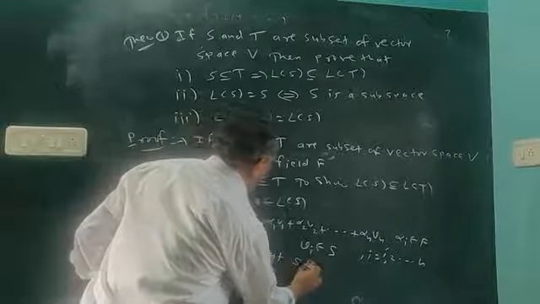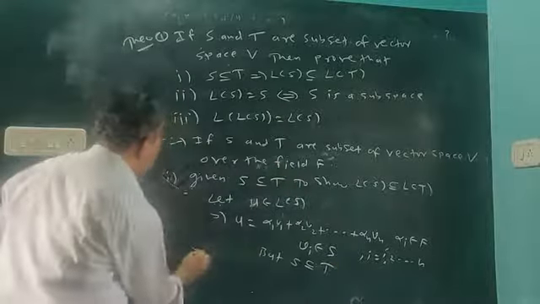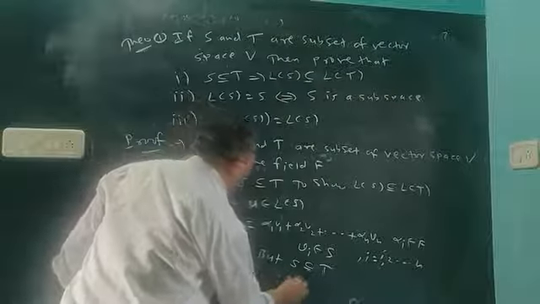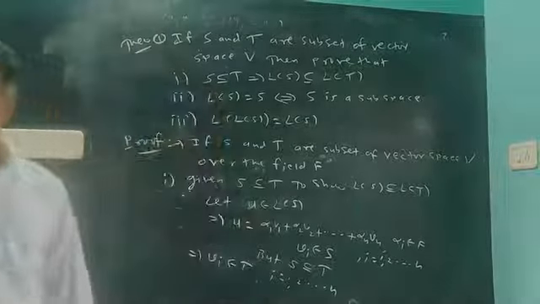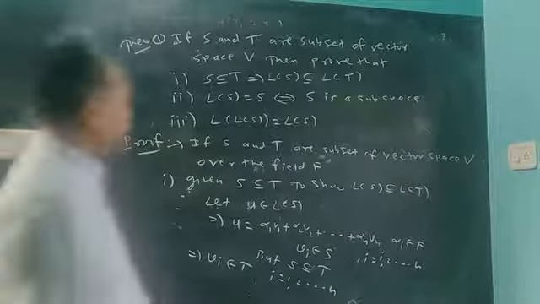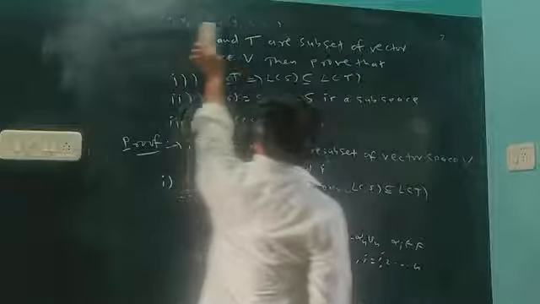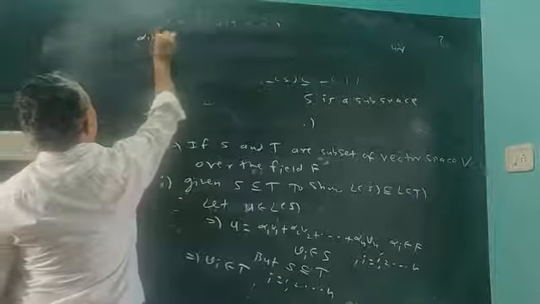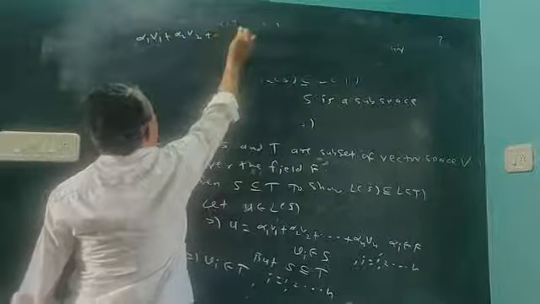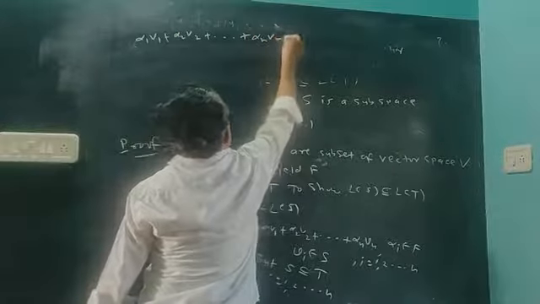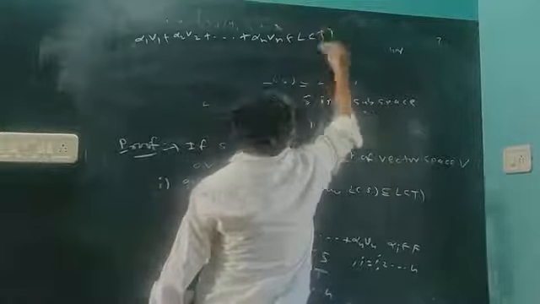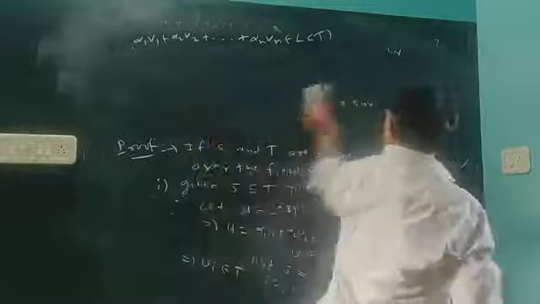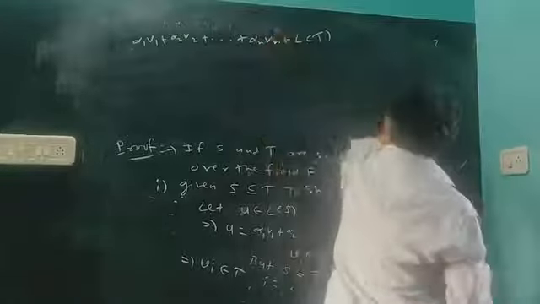But given that S is a subset of T, each Vi is an element of T also, for i running from 1 to n. So V1, V2, up to Vn are elements of T. Therefore alpha 1 V1, alpha 2 V2, up to alpha n Vn will be an element of L of T, since a linear combination of elements of any set T is an element of its span.